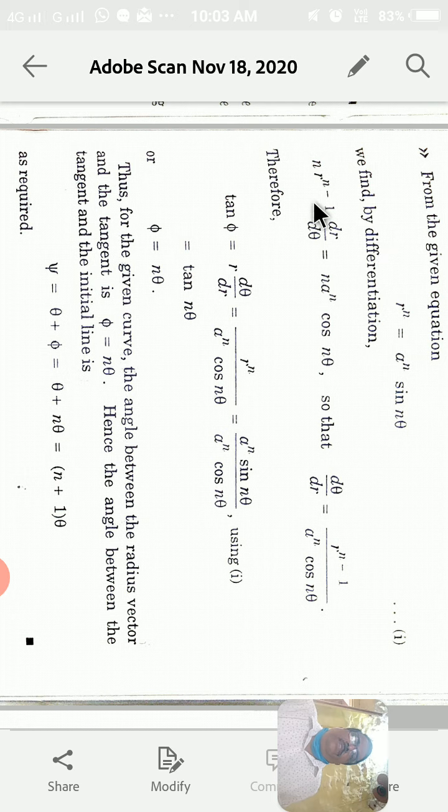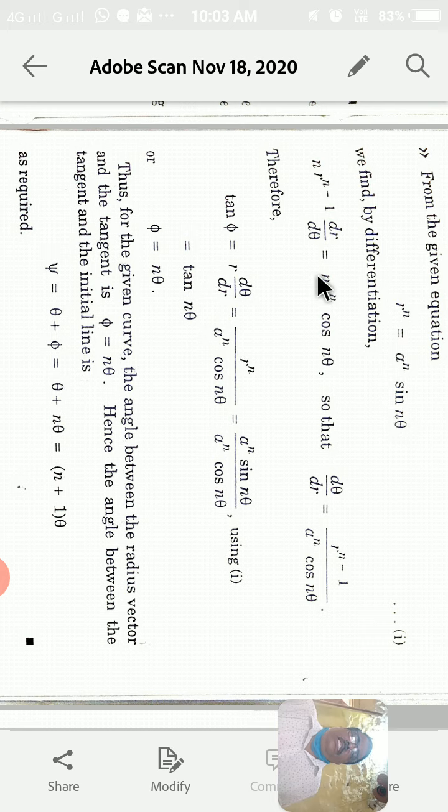So the differentiation of r raised to n is n into r raised to n minus 1, and again differentiate r by applying the chain rule. It gives dr by d theta equal to n into a raised to n, because a raised to n is constant, then the differentiation of sin n theta is cos n theta into n.